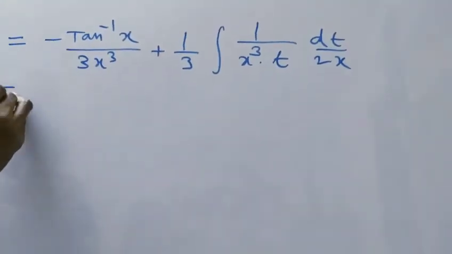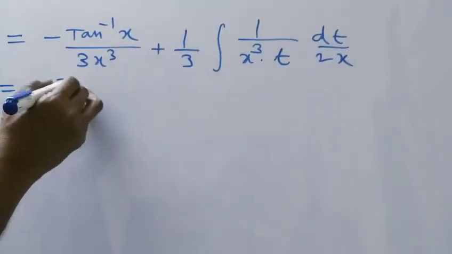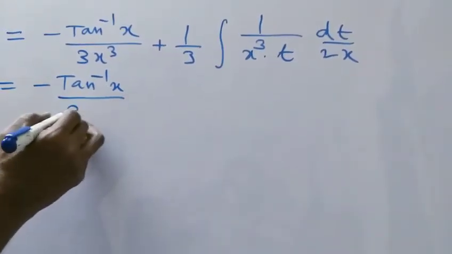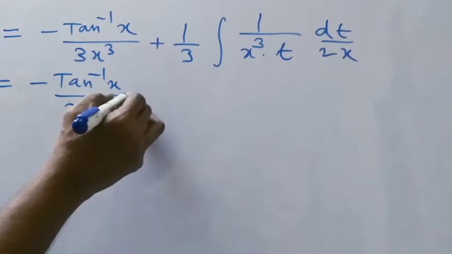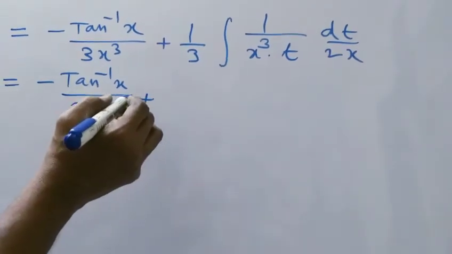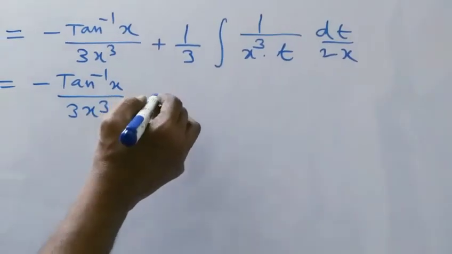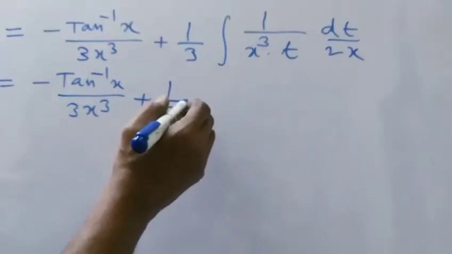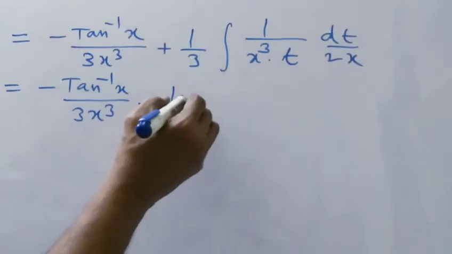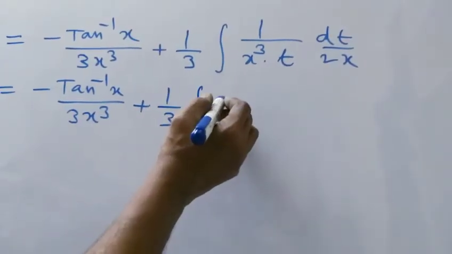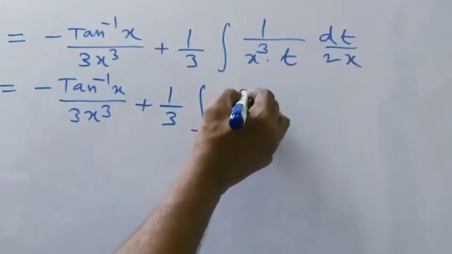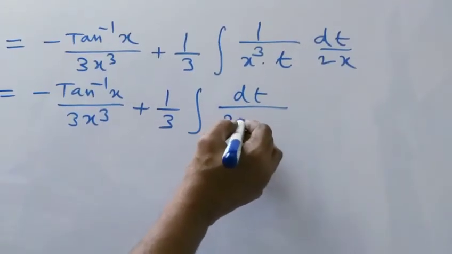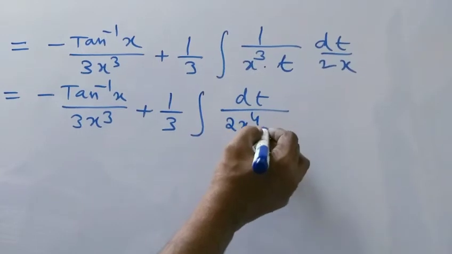This is equal to minus tan inverse x by 3x cube plus 1 by 3 integral of dt by 2x to the power of 4 into t.